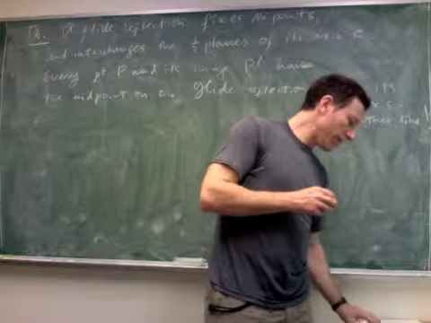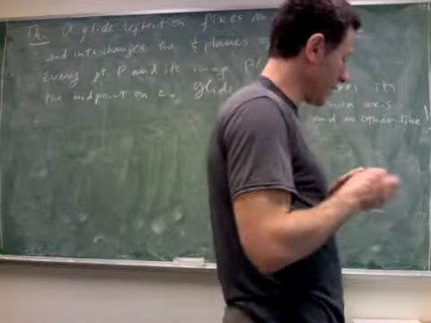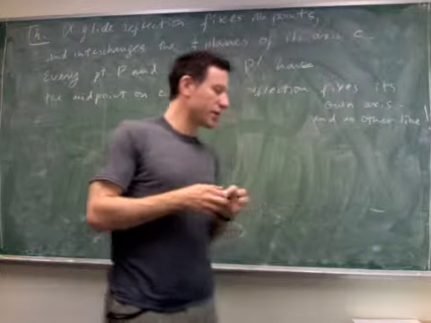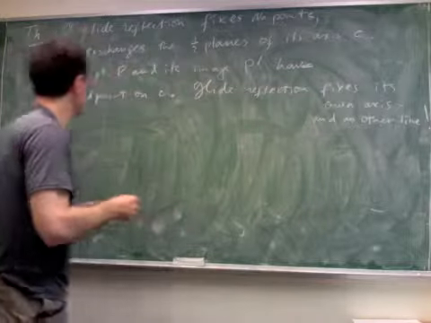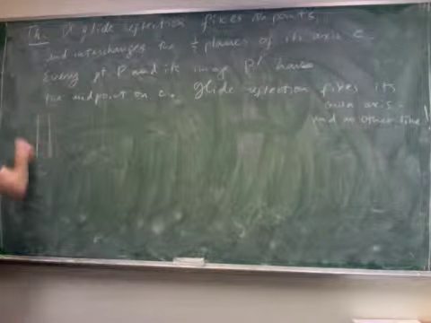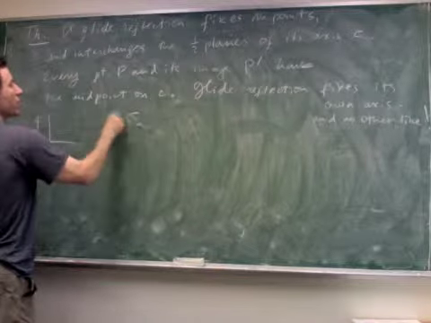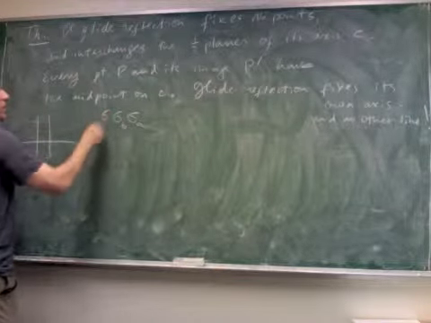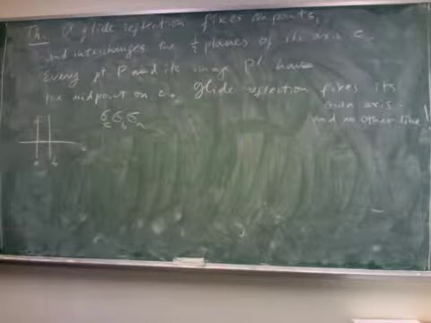So let's now talk in a bit more detail about the ways that we can write and rewrite a glide reflection. So we said that a glide reflection by definition is the product of two reflections in parallel lines followed by a reflection in a line that's perpendicular to both of them.